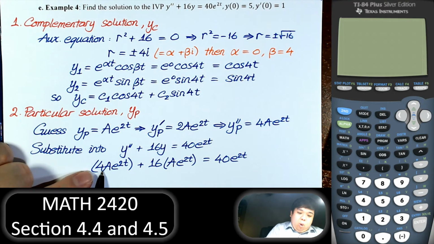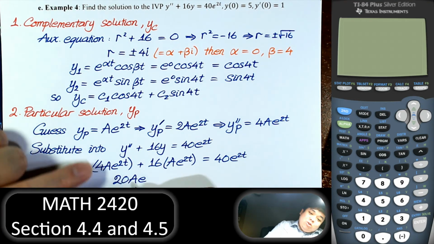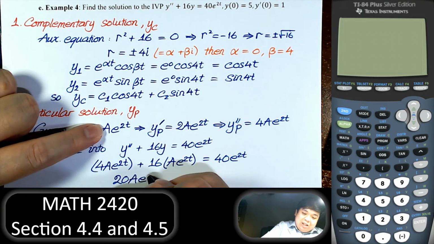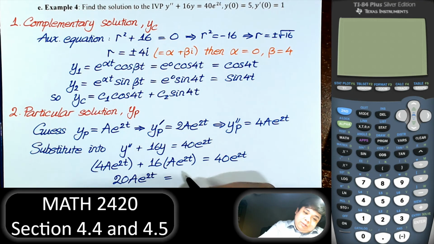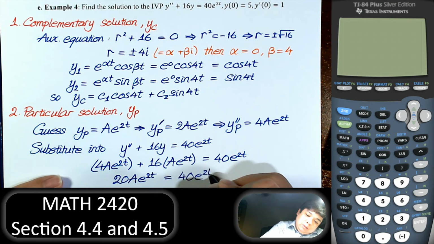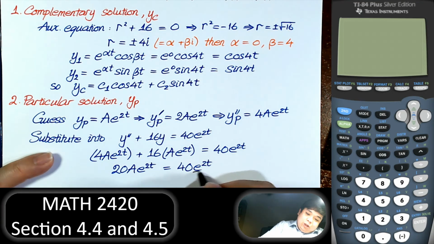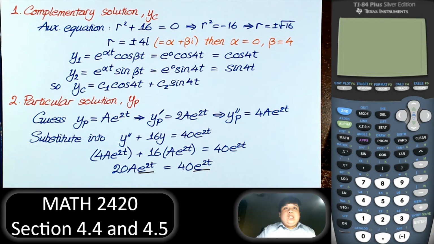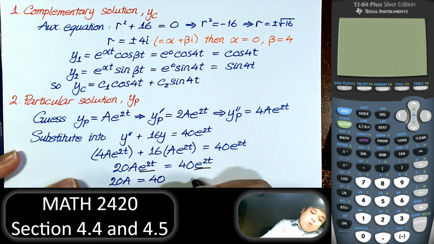Combine like terms, 4 and 16, that makes 20. Because we only have one coefficient to solve for, we only have one equation. Now, both sides have e to the 2t, so 20a has to be equal to 40, so a is equal to 2.